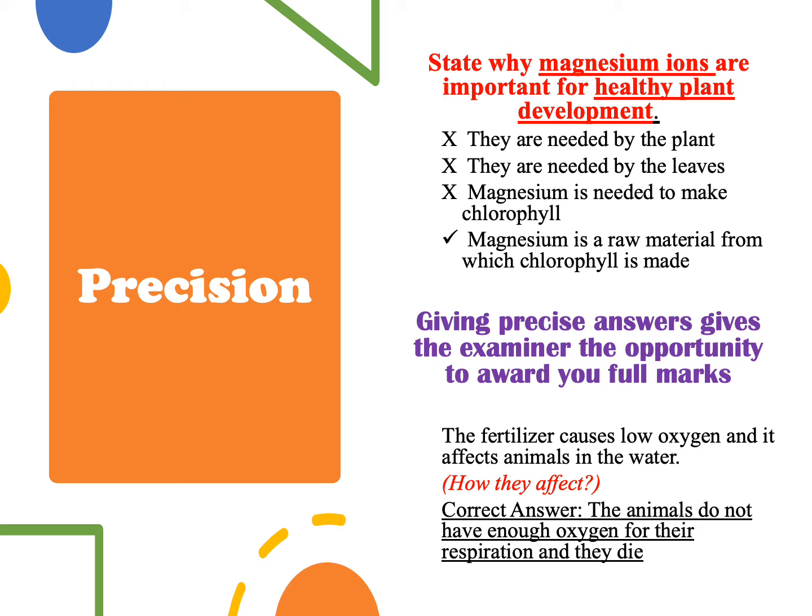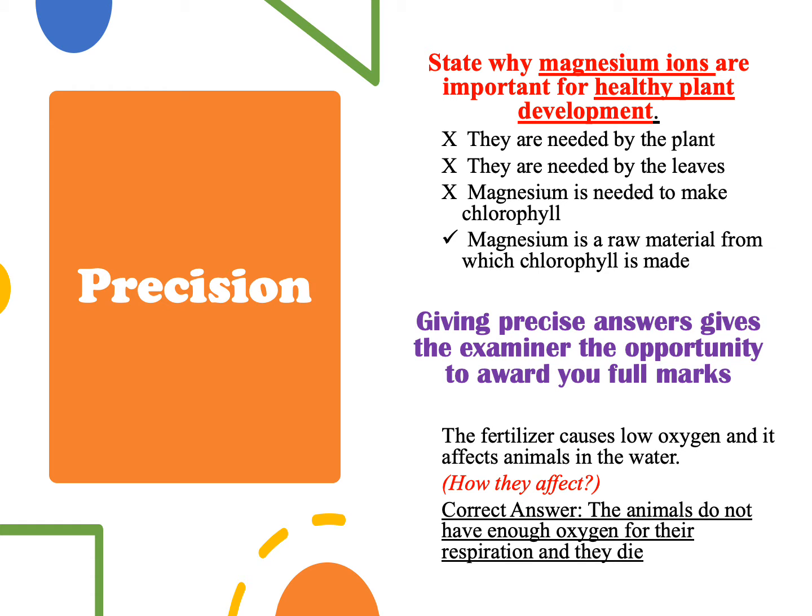Now, let's learn how to answer the question precisely. Always remember to give a precise answer to the examiner so that they can award you the full marks. For example, state why magnesium ions are important for healthy plant development.